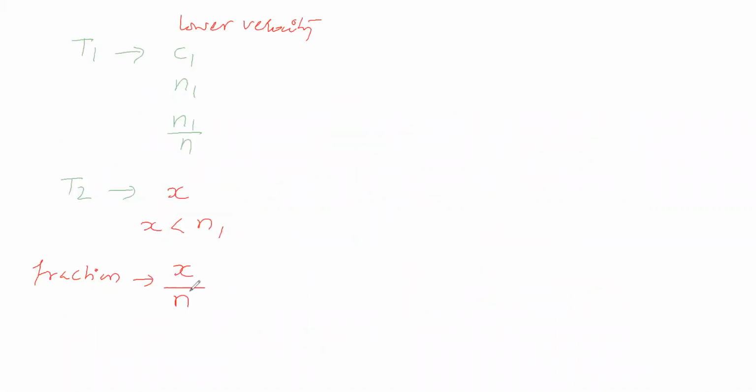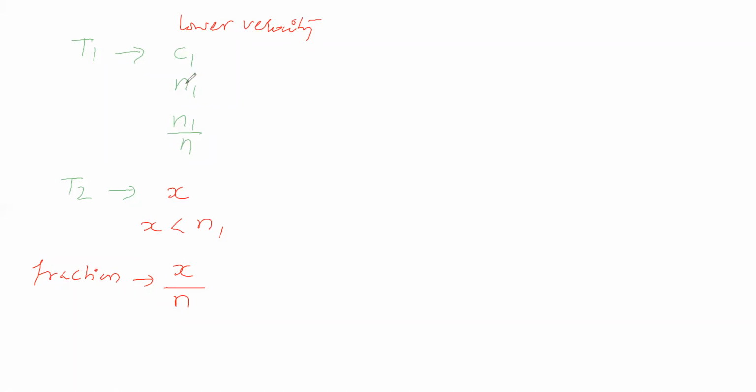Now consider the fraction of molecules having velocity C1 at T2 and at T1. Where will the fraction of molecules be high, at T1 temperature or at T2 temperature? What do you think?